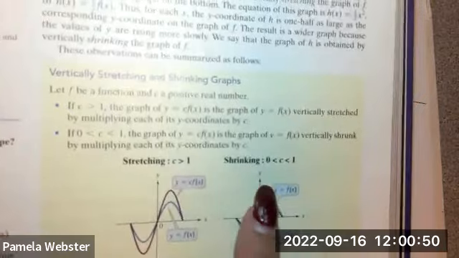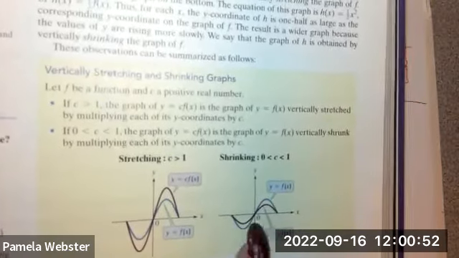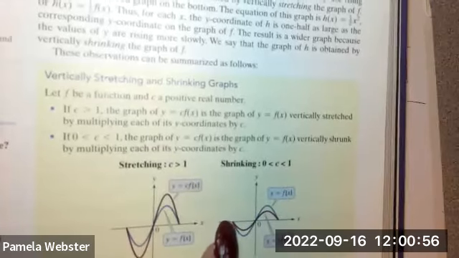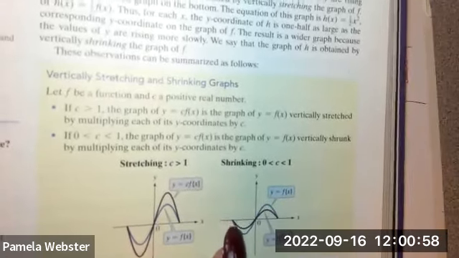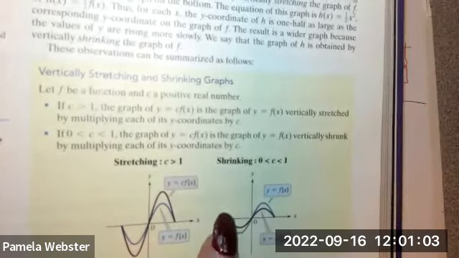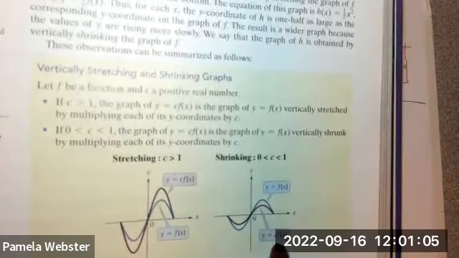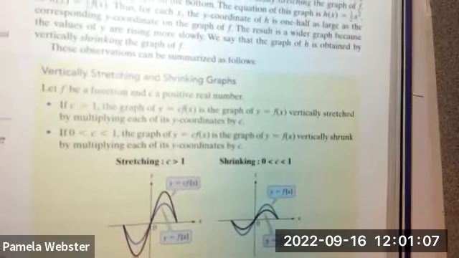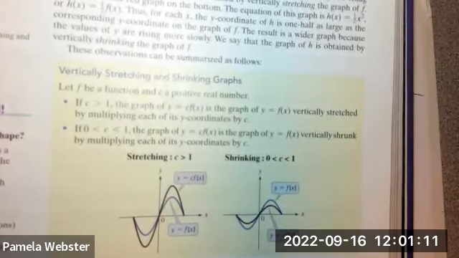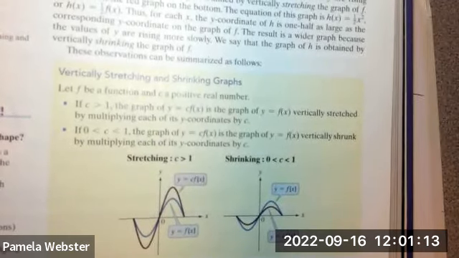But the question is, what are they doing here in the second one? Again, I have my original, the blue. They're doing blue for all those. But now I have this c guy multiplied in front, and this is shorter. It's not as tall, right? So all they did different was put the c guy multiplied out in front. Again, that's vertical, but instead of stretching, it's going to shrink it.